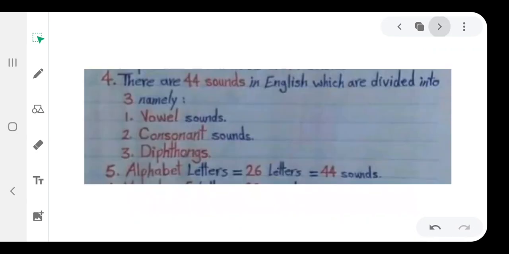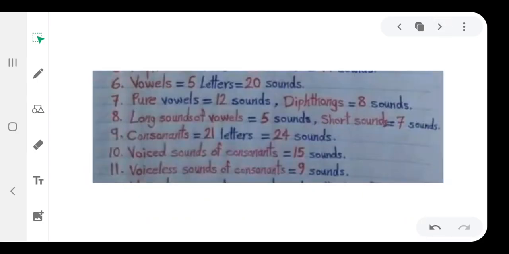There are 44 sounds in English which are divided into 3, namely number 1, vowel sounds, number 2, consonant sounds, number 3, diphthongs. Vowels, 5 letters, 20 sounds. Pure vowel, 12 sounds. Diphthongs, 8 sounds.